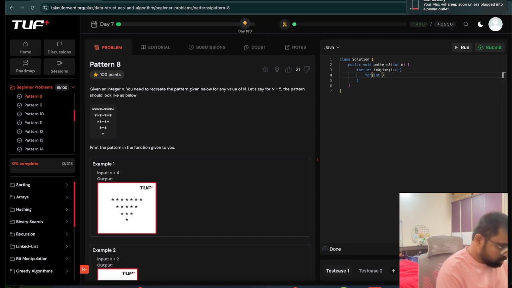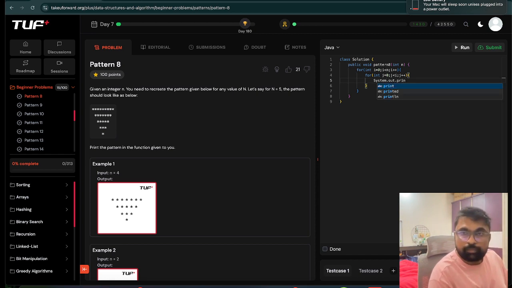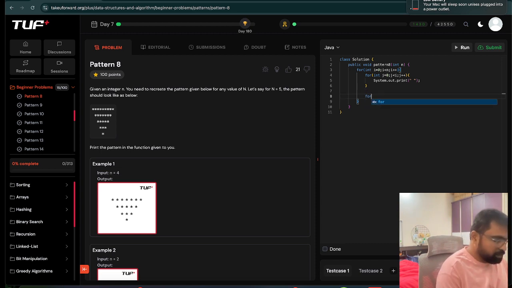For int j equal to 0, j less than i, j plus plus, and inside that we will print the spaces with System.out.print and a space. One more for loop for the ending spaces is not required anyway, it will get handled automatically.